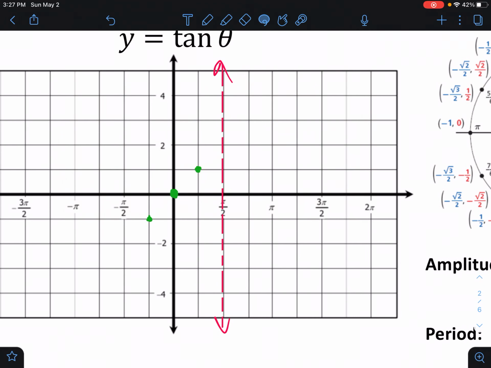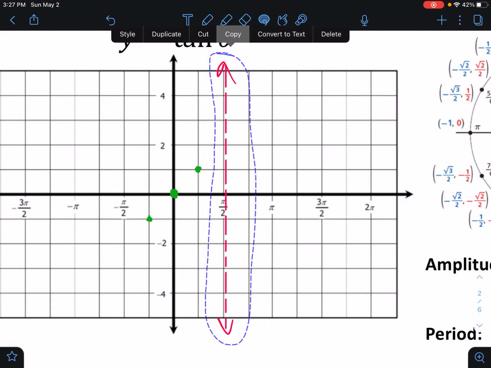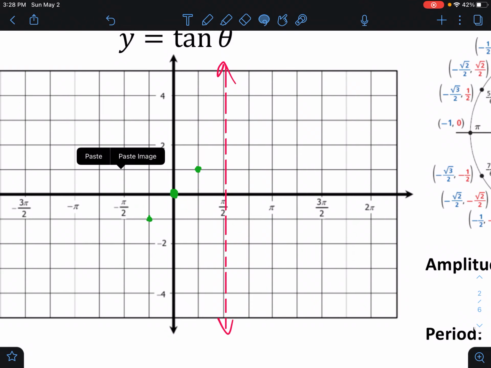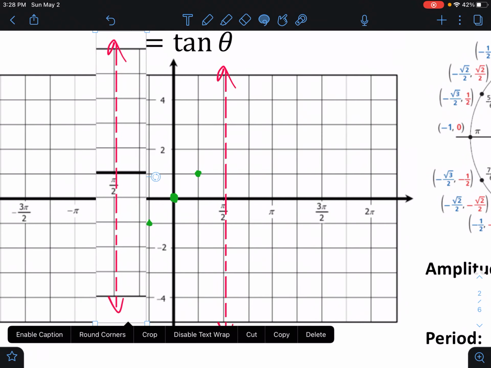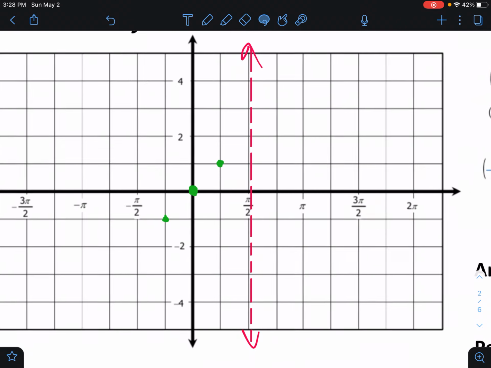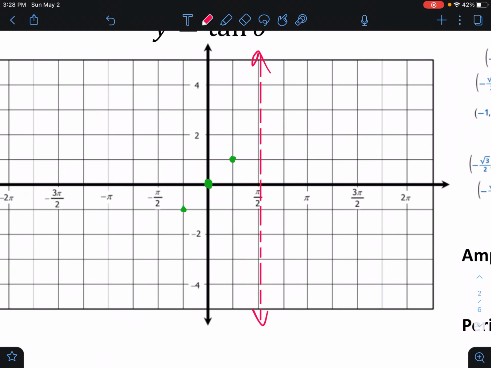So actually, let's just do this. I'm going to copy that. Oh, that didn't quite work, huh? All right, well, we tried. So what I'm going to do is do that same thing.